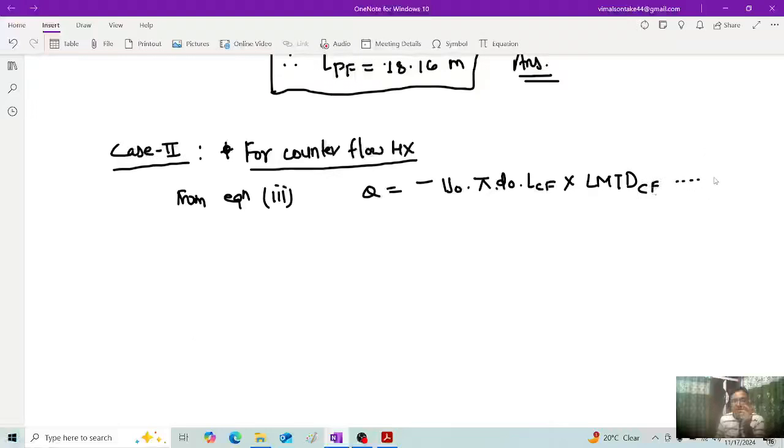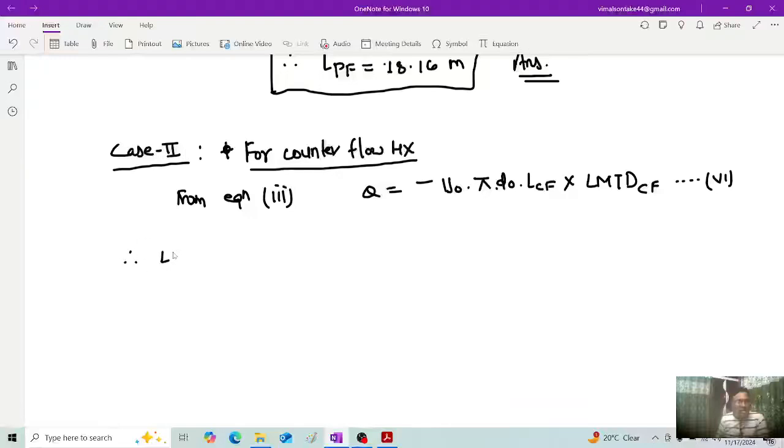Let us say this is equation number 6. So I have the value of Q, value of U naught, D naught. So LMTD for counter flow heat exchanger is to be calculated.